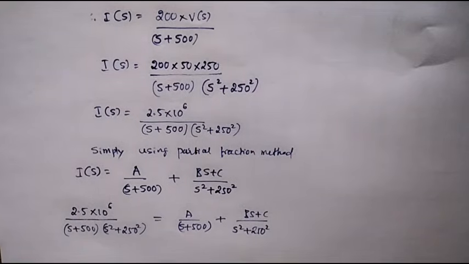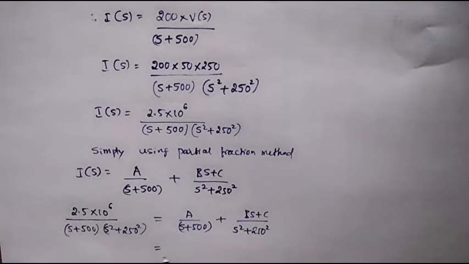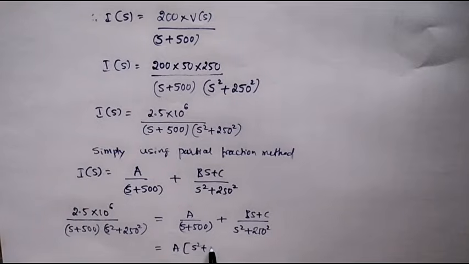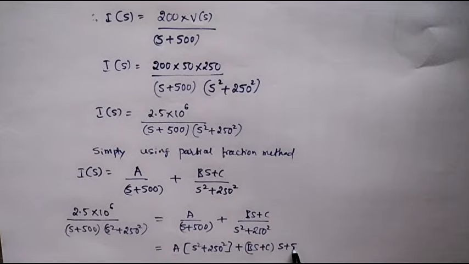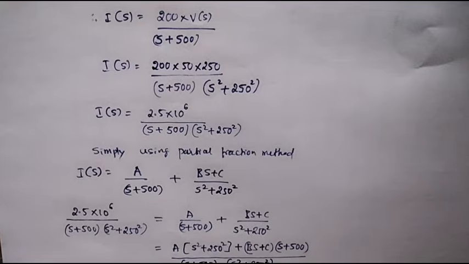Now on the right hand side we'll take the LCM, and we get A in bracket s square plus 250 square plus Bs plus C times s plus 500, and the denominator is s plus 500 times s square plus 250 square.